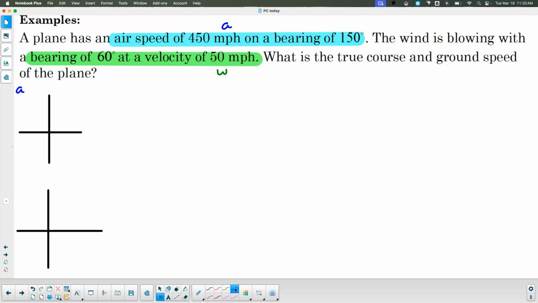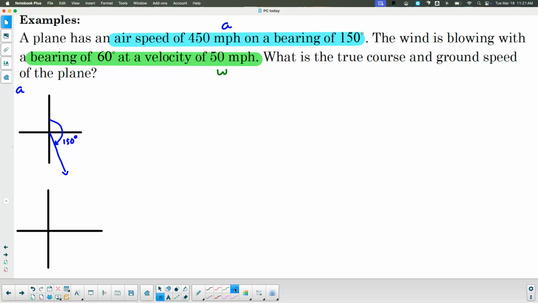A has a magnitude of 450 and a bearing of 150. So my 150 would be down here, where this would be 150 degrees. Do we all agree with that? Okay.